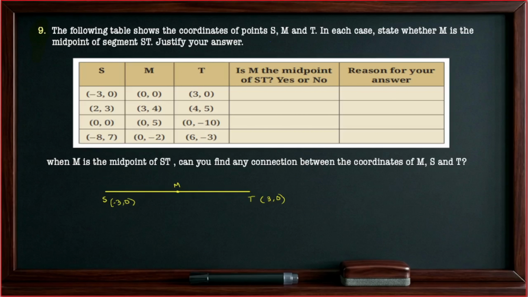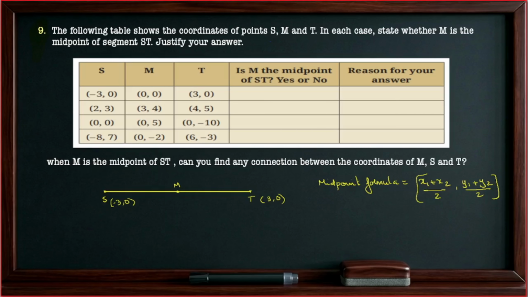But for that, we have to find out using the midpoint formula. The midpoint formula is x1 plus x2 by 2, comma y1 plus y2 by 2. Using this formula, we can find the midpoint of the segment S and T.